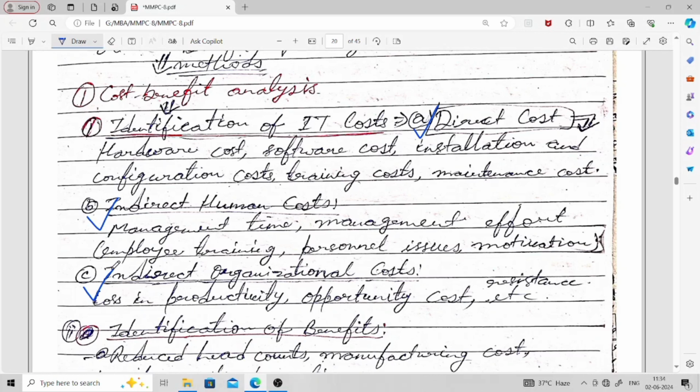Then you have resistance in the organization also. Why is there resistance? Because people generally, and organizations also, do not want to change, because whenever there is change, there is some kind of uncertainty. So people do not want to go into uncertainty, and that's why they resist the changes which are required. So this one was the first, cost benefit analysis.